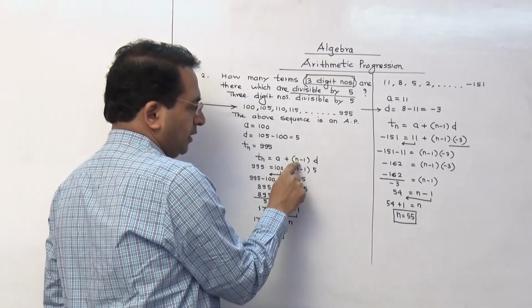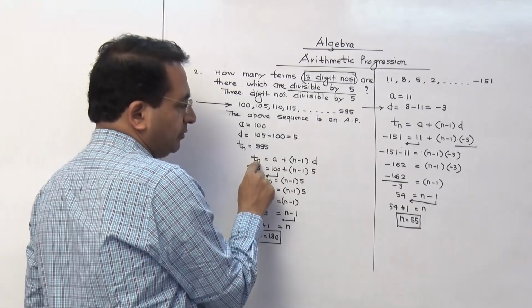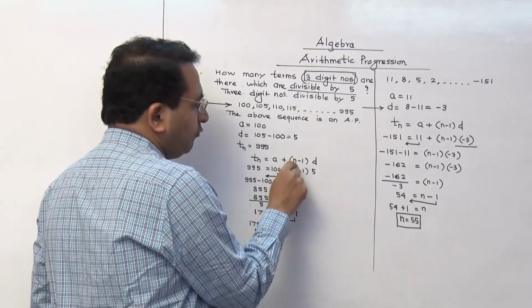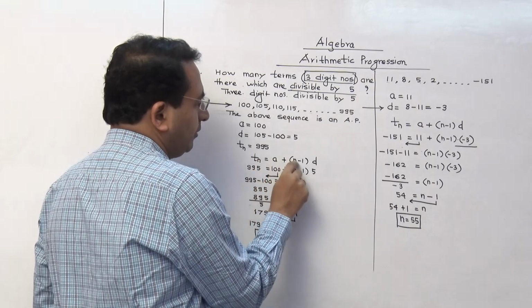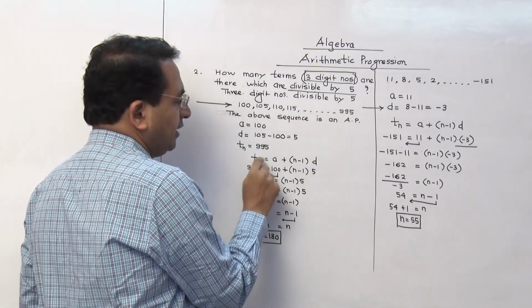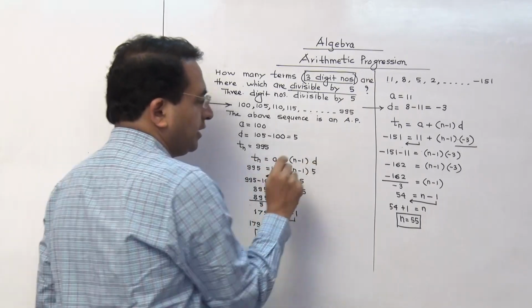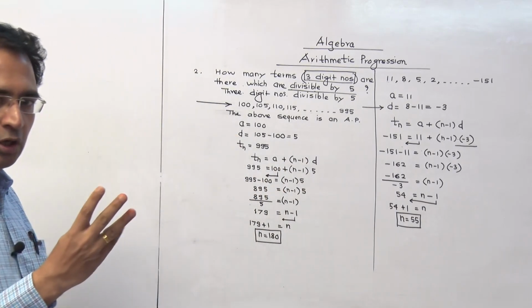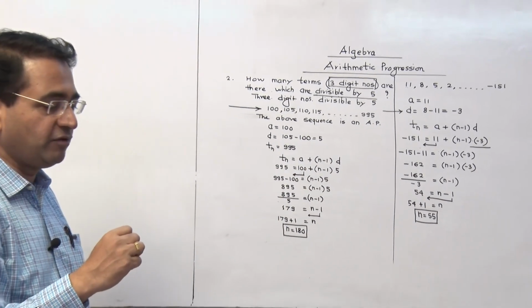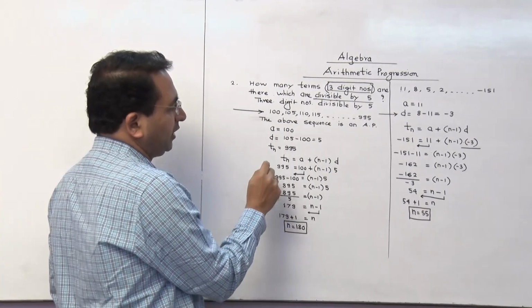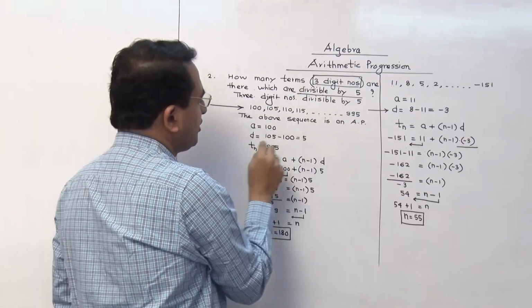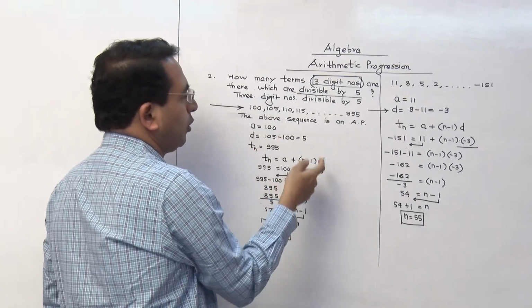Now if they are giving you the nth term, they may not know which term you are talking about. So there are in fact 4 terms available in this formula: Tn, A, N and D. Out of these 4, one will be asked to you, 3 they will give you. So you have to identify properly which letter they are discussing.